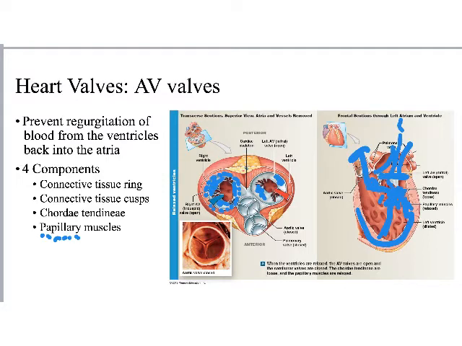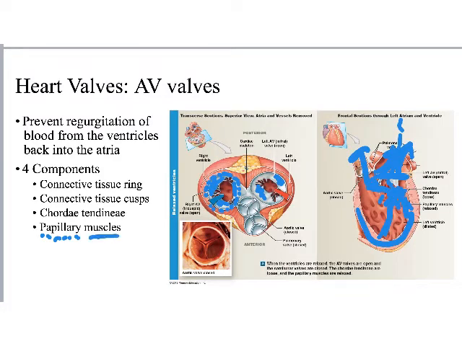So valves function to prevent backflow of blood from the ventricle back into the atria. And those chordae tendineae and papillary muscles, they function to prevent that valve from over-closing, so to speak, and prolapsing and allowing blood to backflow. So that's really what it's for.